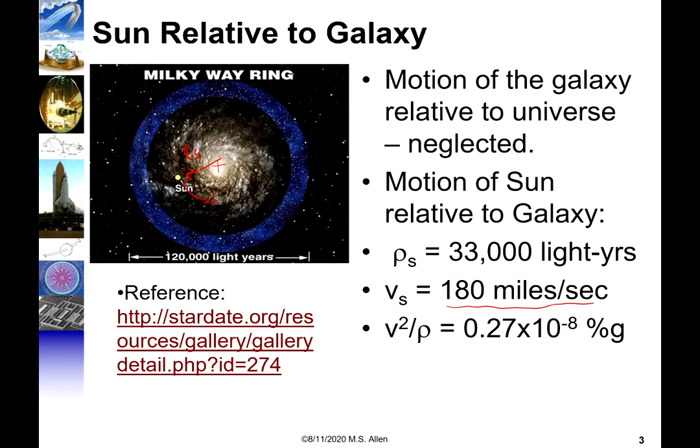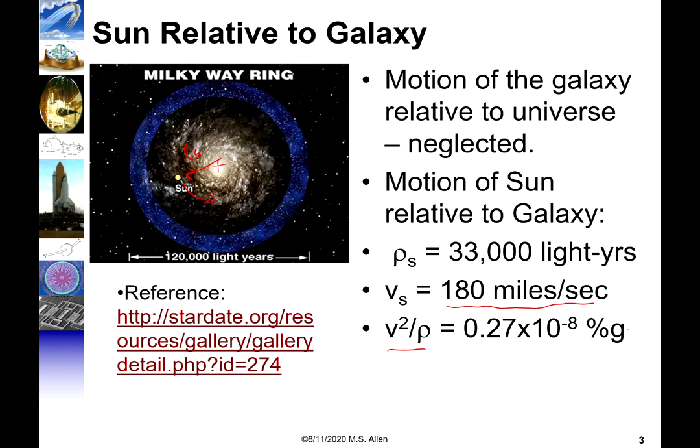Amazing, right? We're screaming through space. If you do the math and work out the acceleration, if we have a velocity and we know the arm, our acceleration is just v squared over rho. And if you do all the conversions from light years to miles per hour, this gives us an acceleration of less than 10 to the minus 7 g's, or 10 to the minus 7 times the acceleration due to gravity.